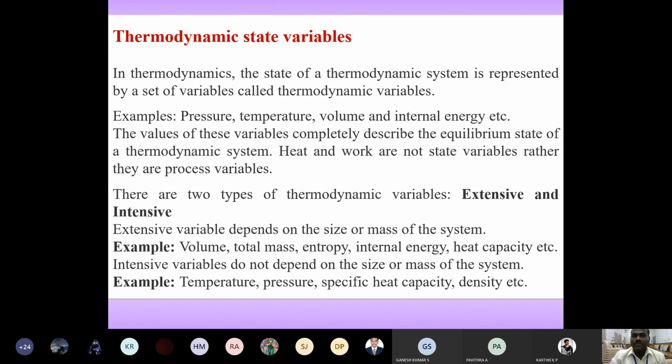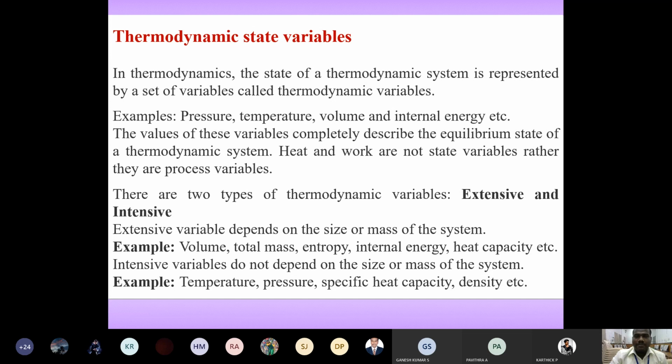So these are some thermodynamic variables. These can be called thermodynamic state variables. So pressure, temperature, volume, internal energy, and so on.